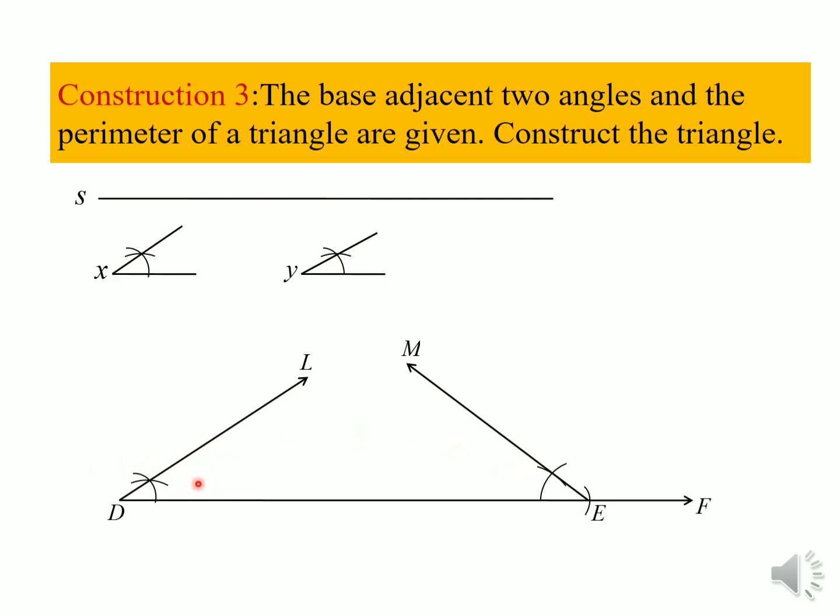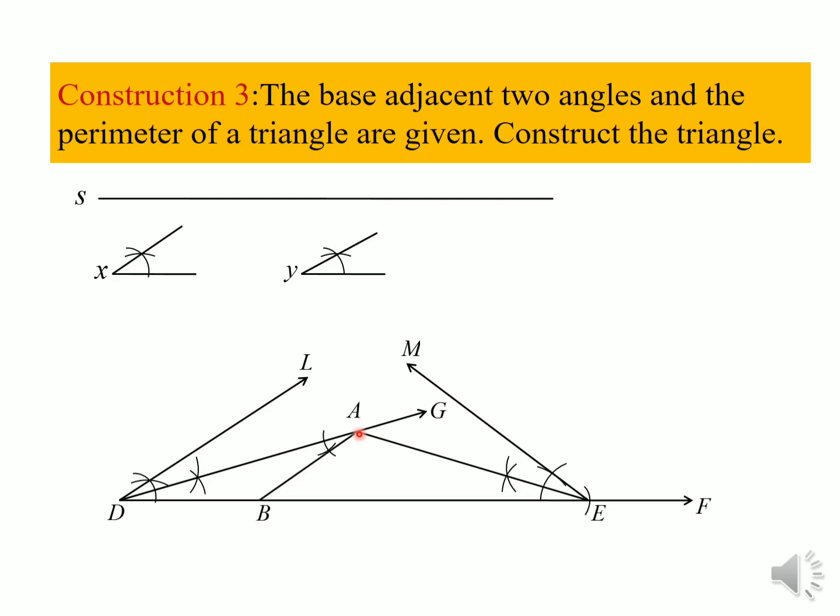At first we bisect angle EDL by DG. I think you all know how we can bisect an angle, and after that we bisect angle DEM by EA. Let DG and EA intersect each other at point A.